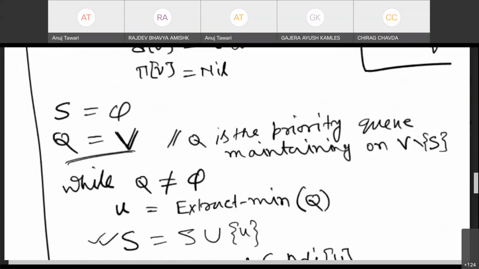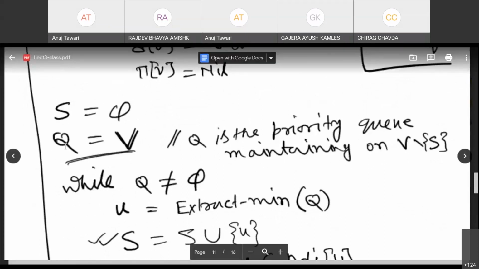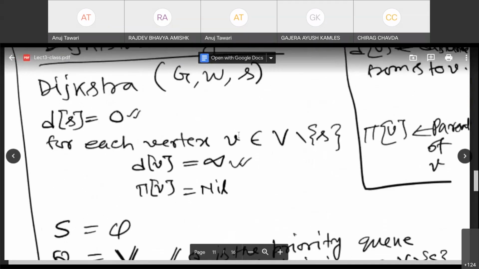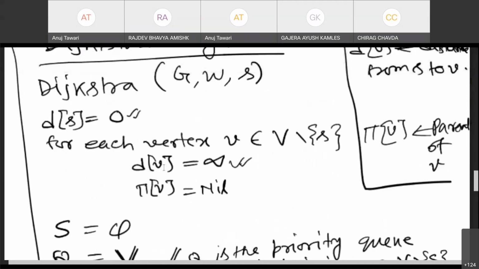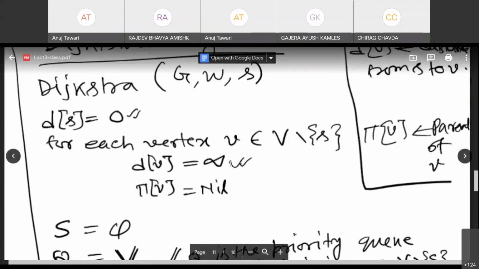So while the queue is not empty, we'll look at the minimum value in this priority queue. All the elements are indexed by this d of v. Initially we have this 0, and the rest are all infinity. So initially we will extract S from it.